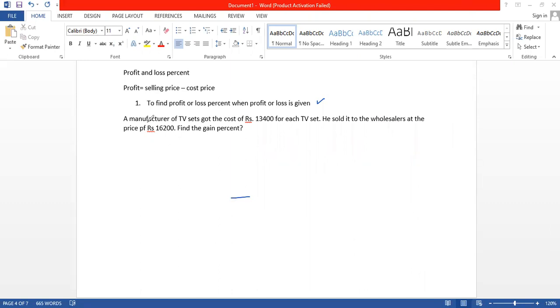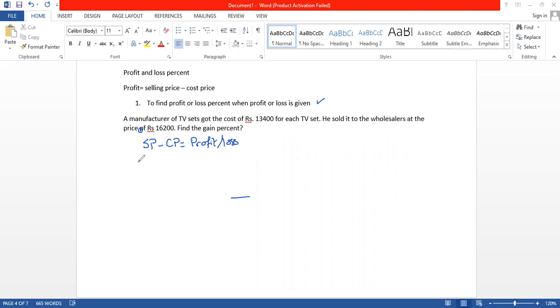Okay, so a manufacturer's TV set has a cost of 13,400 for each TV set. They sold it to the wholesalers at the price. So first thing, we need to calculate the profit or loss. Selling price minus your cost price will tell you whether you have made a profit or a loss.